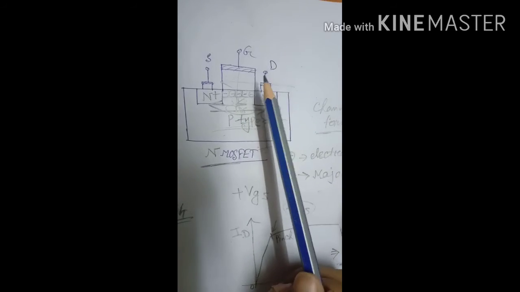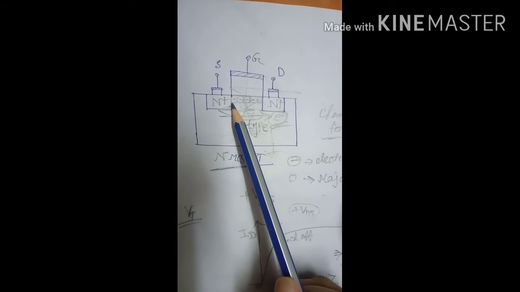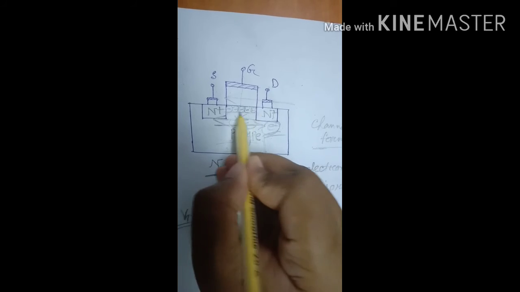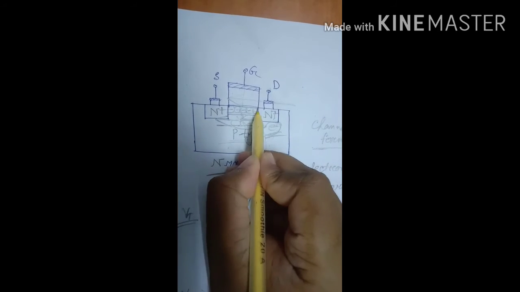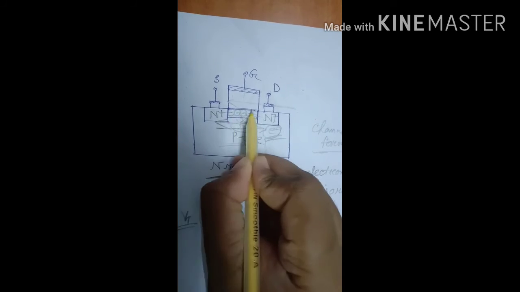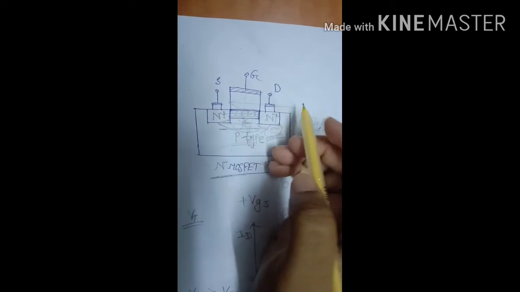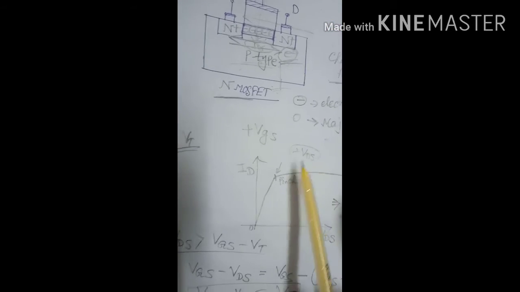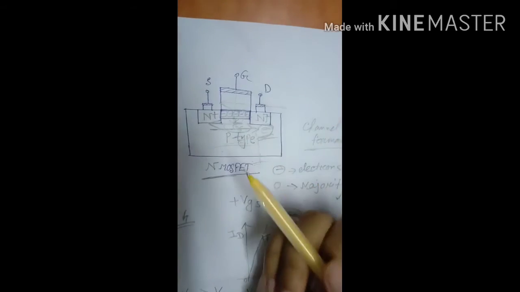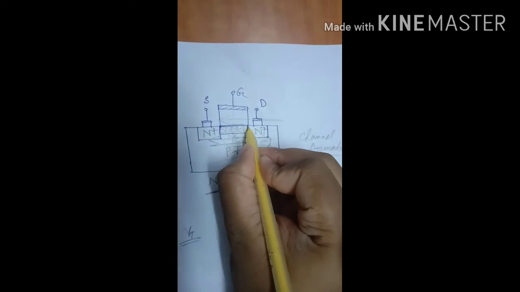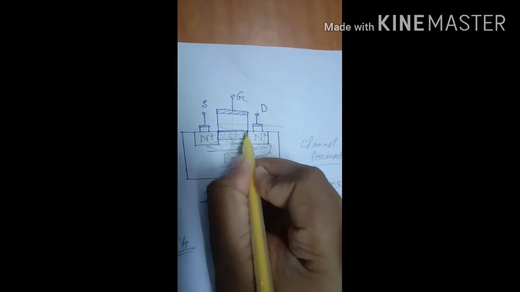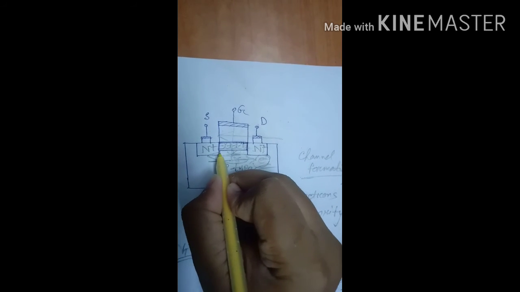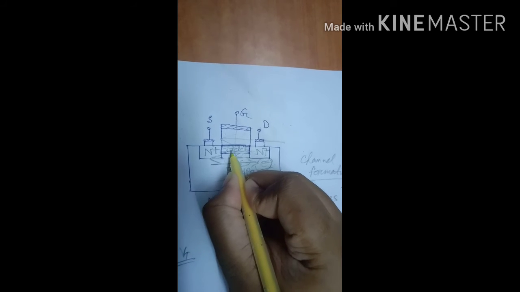If we increase the amount of VDS, then the channel length gets modulated. This is the uniform channel length, and it gets modulated. That means when we apply more VDS after the saturation period, this point is going to shift here. So the length of the channel gets modulated.